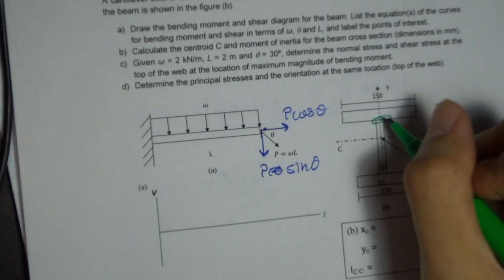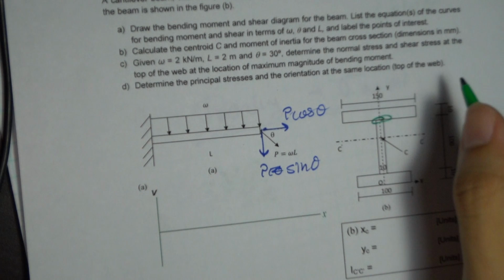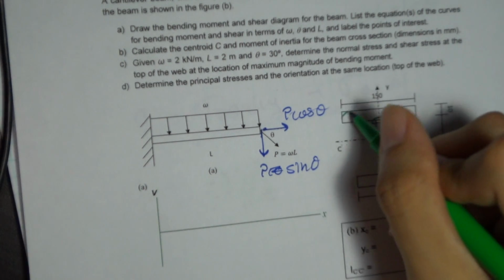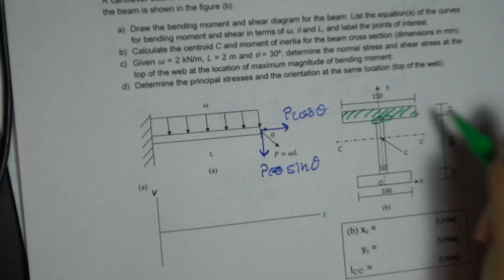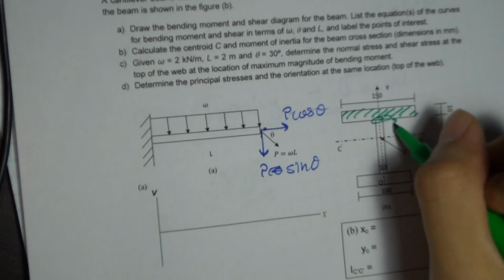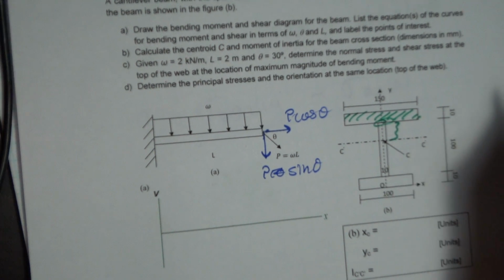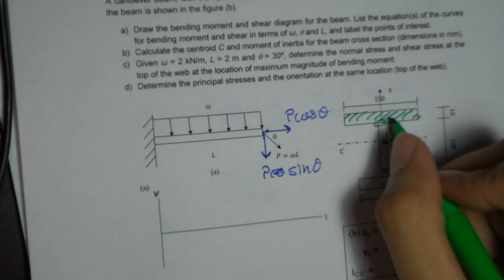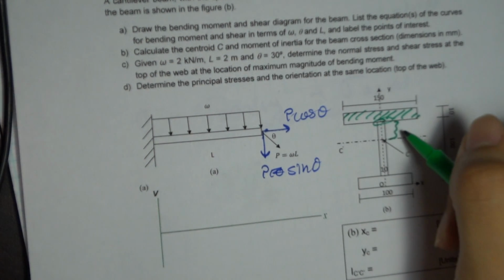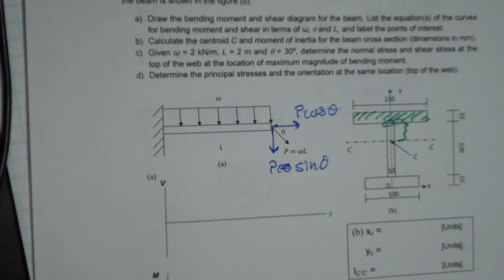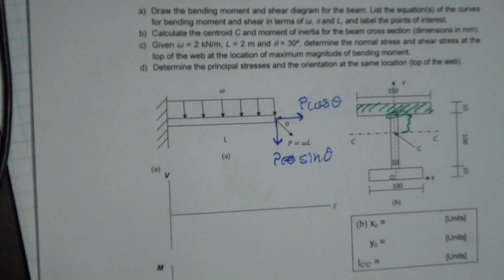So Q is this area times this distance. And T is just the thickness. So you have all the values that you need there.